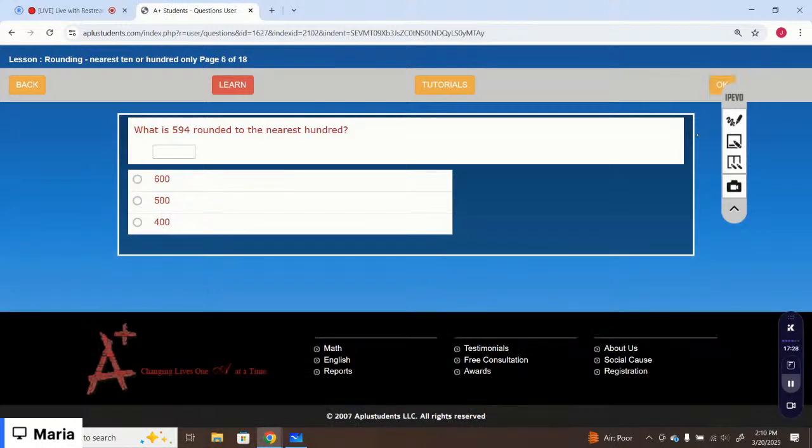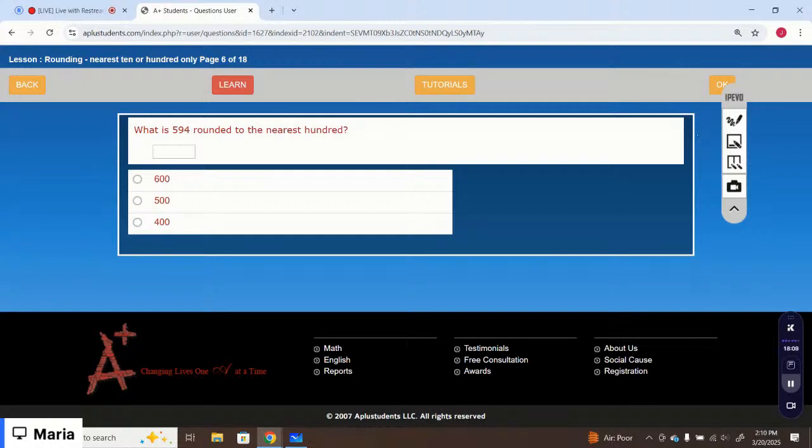What is 594 rounded to the nearest 100? 594 is rounded to 600. Option number one is the correct option.